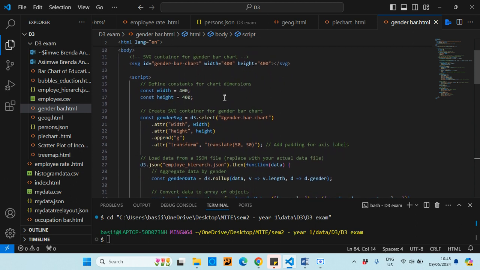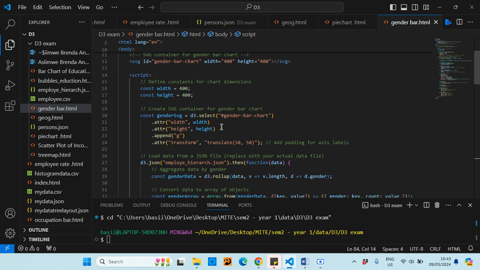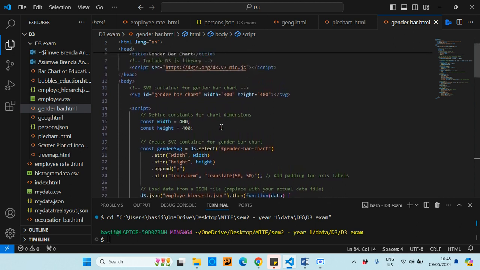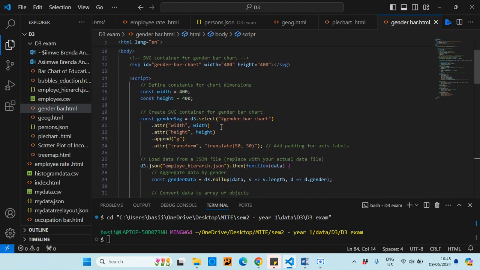We start by declaring constants for height and width for the chart, and then we declare the container that is going to hold the first thing we're looking at, which is a bar graph to look at the gender distribution in the population.